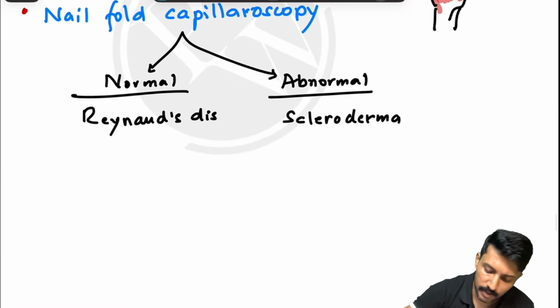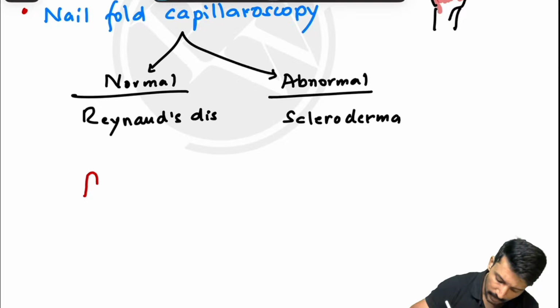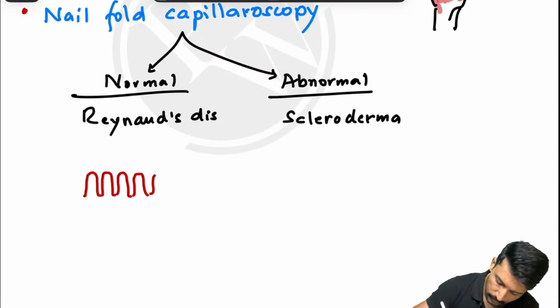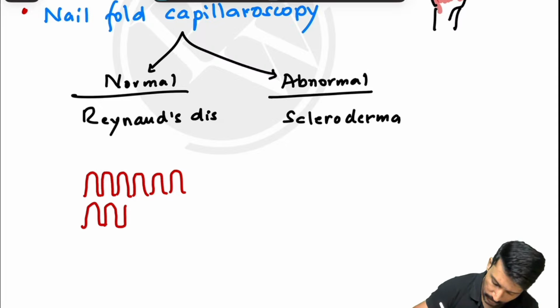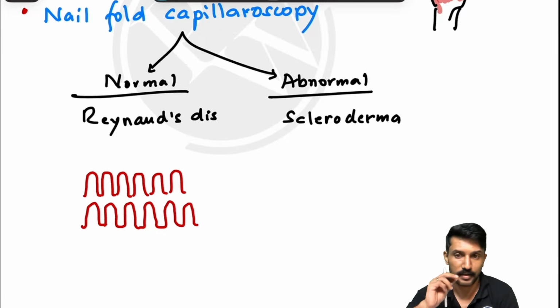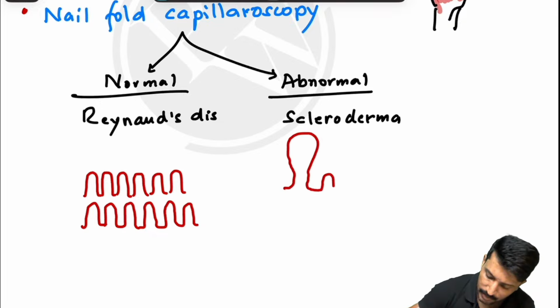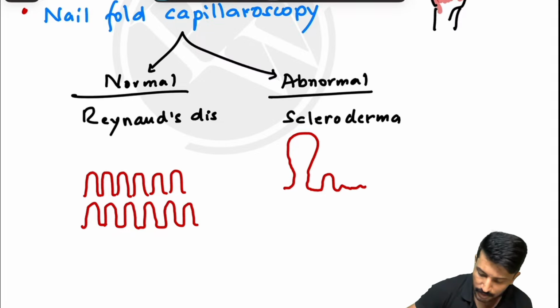So what are the abnormal nail fold capillaroscopy findings? When we look at the nail fold capillaries, they are neatly organized like this. But in case of scleroderma, there is vasculitis, there is damage to the capillaries. So you will have some capillaries hyperproliferating, we will call them giant capillaries, and distorted architecture, and in some places there may be no capillaries.